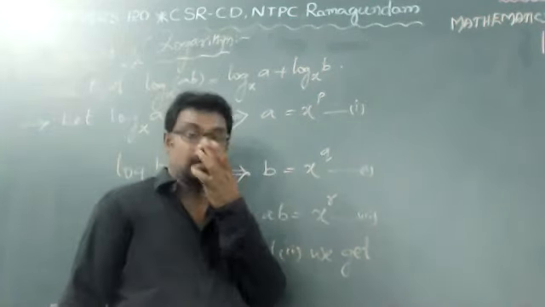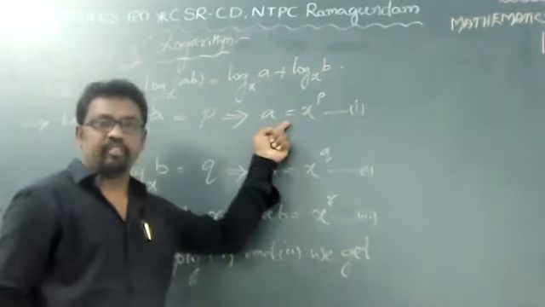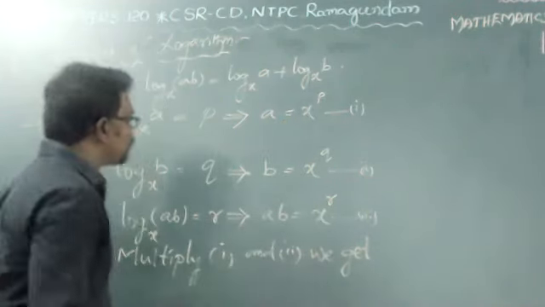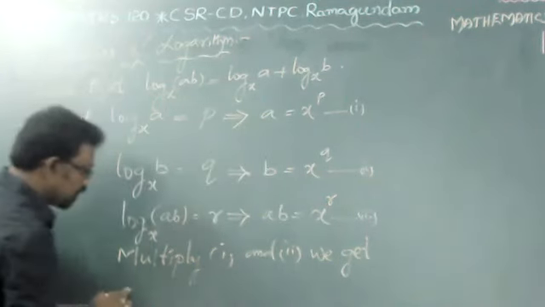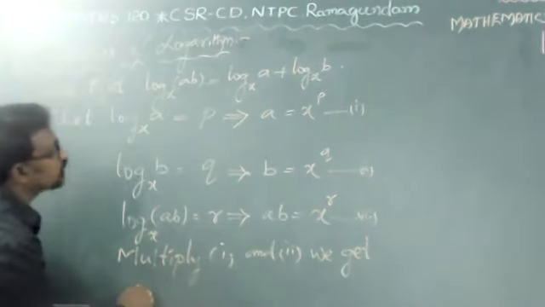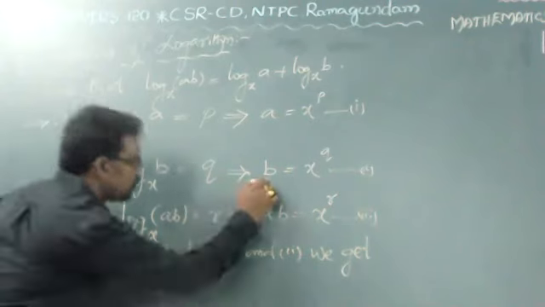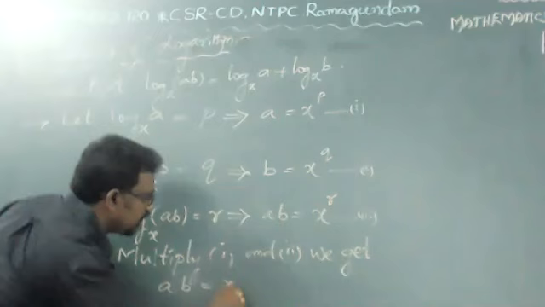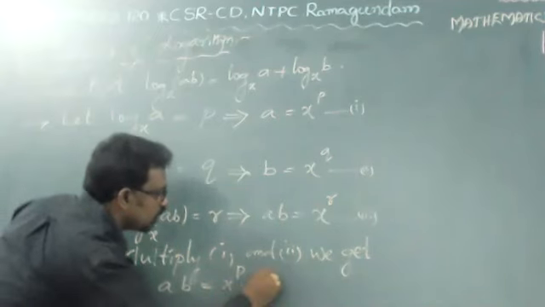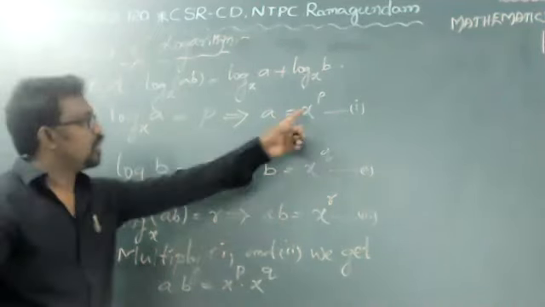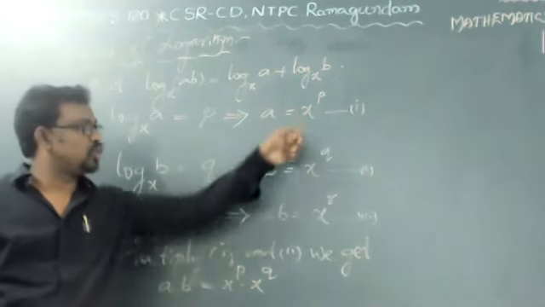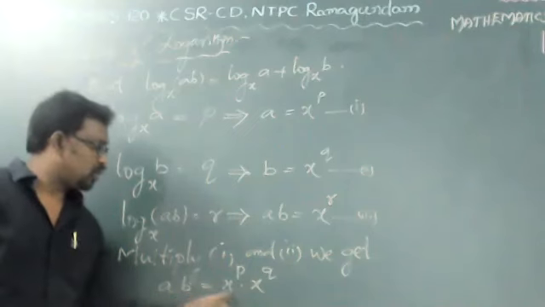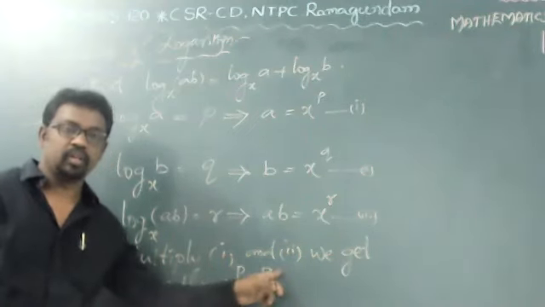So multiply the first equation and the second equation, that is, multiply first and second. We get A into B is equal to x power p into x power q. On the RHS also we have to multiply. So A into B is equal to x power p into x power q.